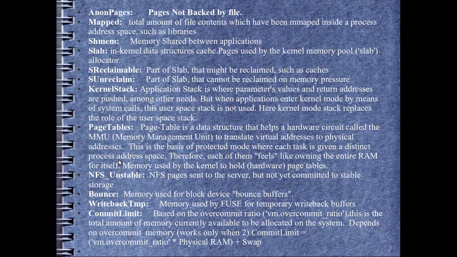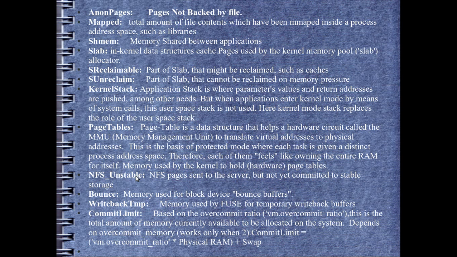This is the basis of protected mode, where each task is given a different process address space, and one process cannot get into the address space of another process. Therefore each of them feels like it has its own set of RAM visible to itself, and that's actually the virtual memory that is visible to it. This is the memory used by the kernel to hold hardware page tables.